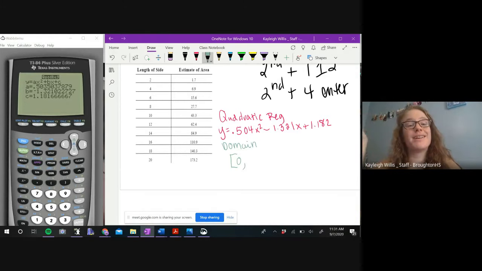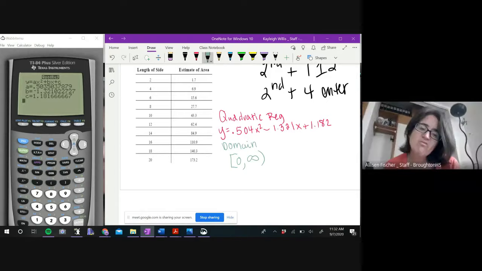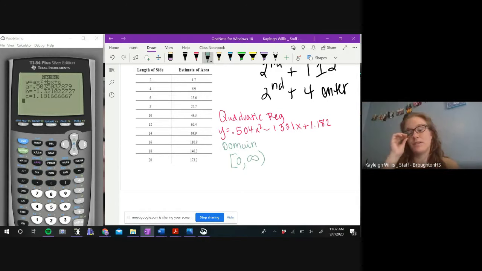And I'm going to put a bracket because we can have a 0 side. It just wouldn't be a shape. So for this case I am just going to put infinity because we don't know where it's stopping. Realistically, we know we can't use infinity, but we also don't know how big. If we were just basing it off the table, I guess we could stop at 20, but they didn't tell us that was as far. Right. Okay.